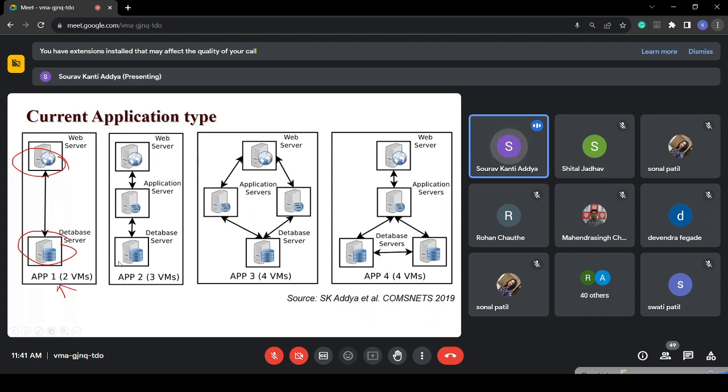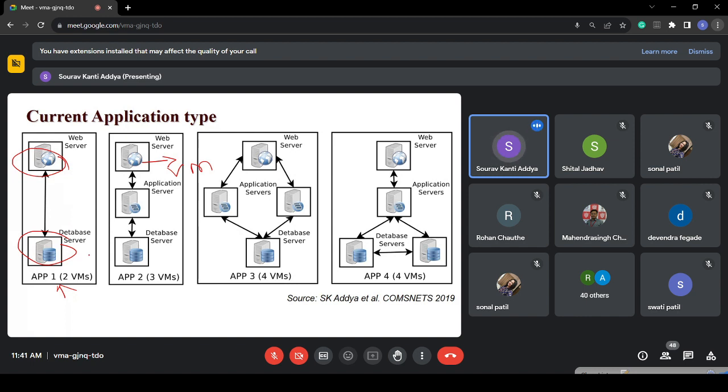So generally, when you are hosting or deploying your application off premises, meaning on the cloud, you are basically asking for the servers to be hosted in different data centers of the cloud. So in the cloud, server hosting means you are procuring different virtual machines, called VMs, to be hosted in the data center.